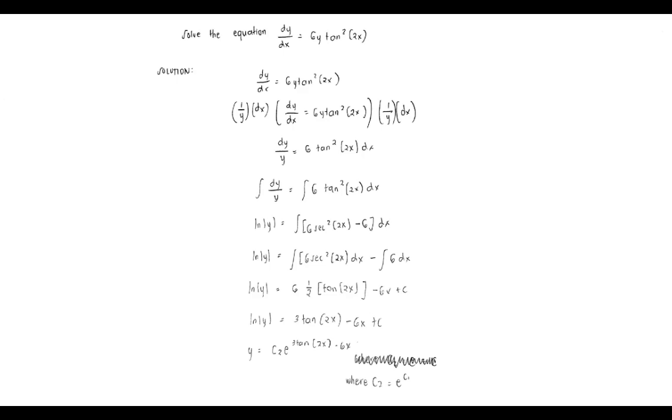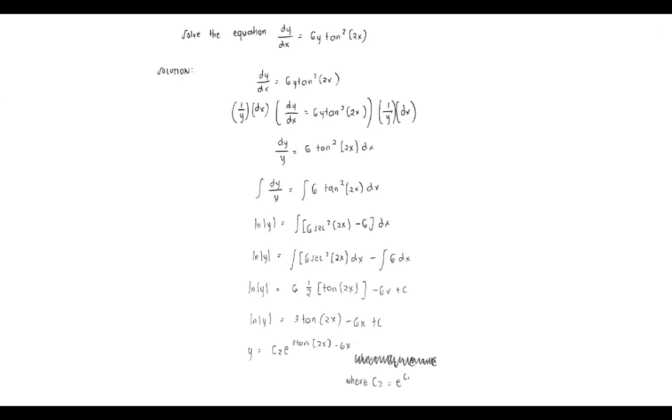We can multiply by 1 over y, dx to separate the y's and the x's. Now that we have multiplied both sides, we have dy over y equals 6 tangent squared 2x dx. Now that we have separated all the y and all the x, we can put an integral sign.